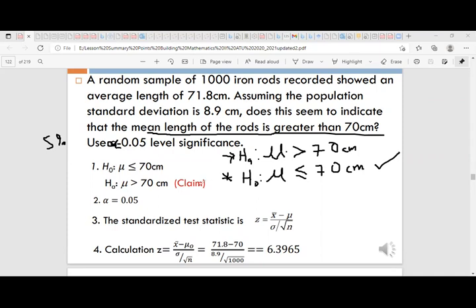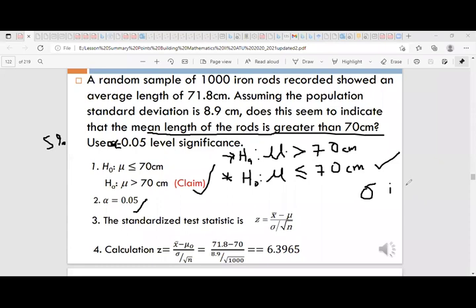So step one, you have indicated your null and your alternate hypothesis. Step two, you've indicated your alpha level. Step three, we are supposed to determine whether to use Z or T. In using Z or T, first you have to check whether sigma is given.